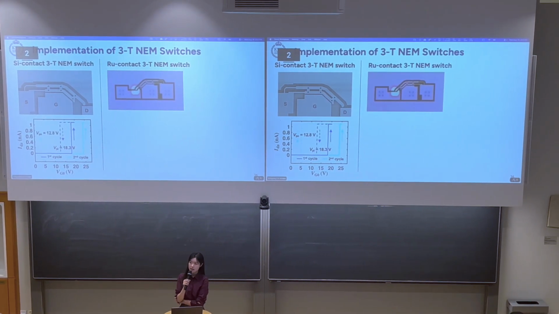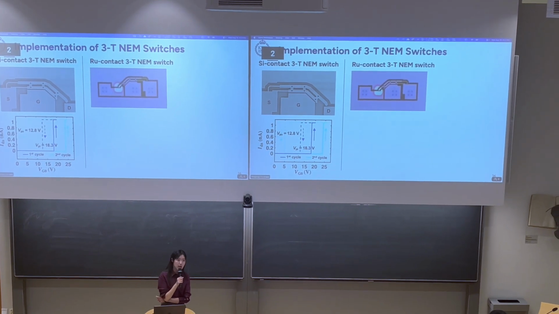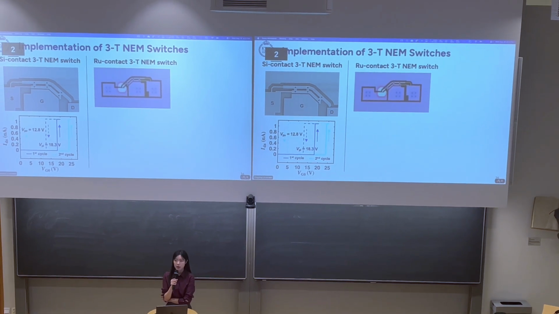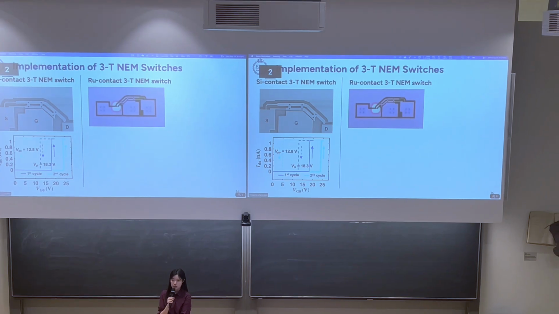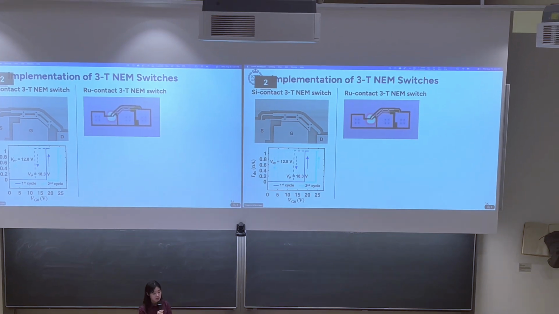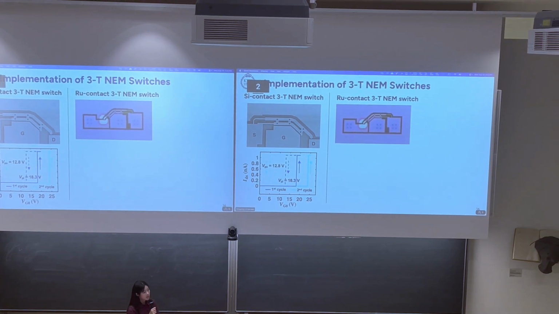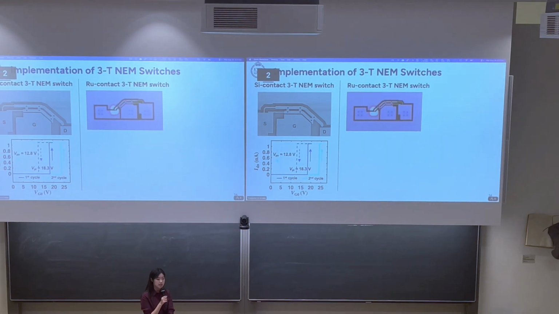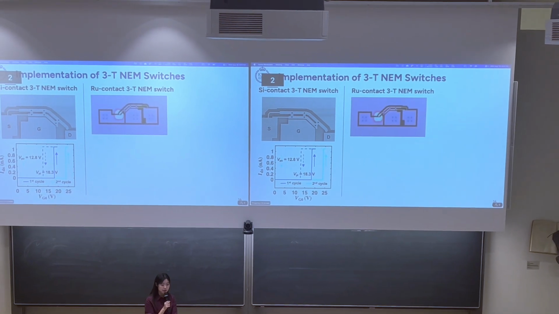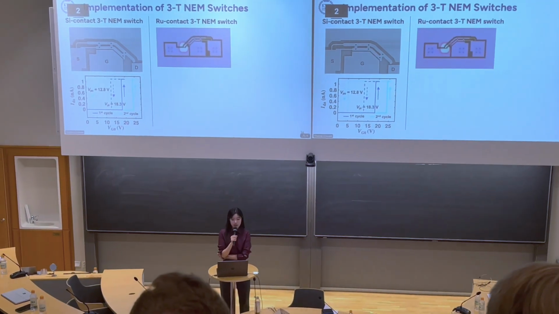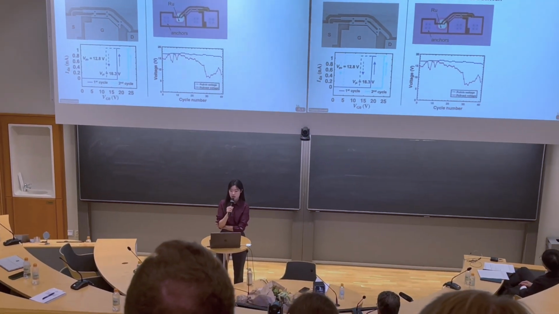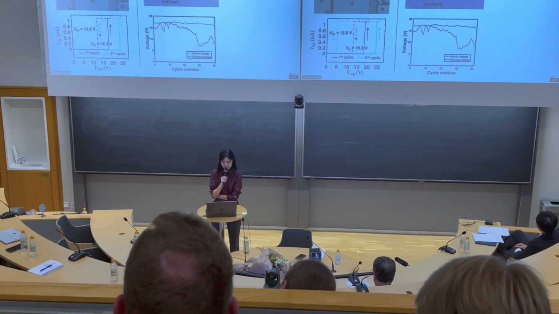For the silicon contact NEM switch, similar to the other integration approach, we have very limited endurance. It only works for 2 volatile cycles before the extinction. And the light blue line here is the second cycle, it has a much larger hysteresis window than the first cycle. And for the ruthenium contact switch, we see a different failure mode.